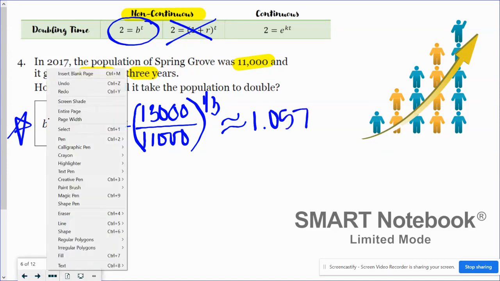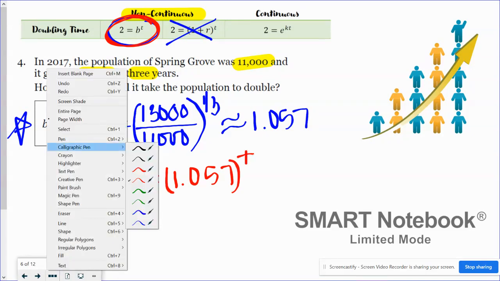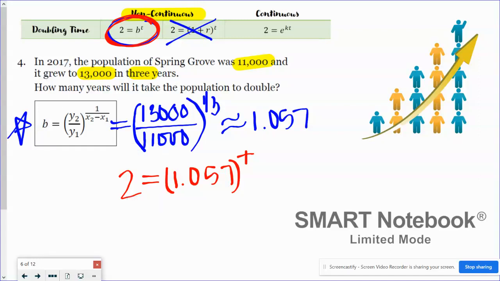So now I can finally calculate the doubling time using 2 is equal to b to the t power. I now know that b is 1.057. So there's my b to the t power. And then I'm just using my natural logs to solve. So I'm taking the natural log on the left.